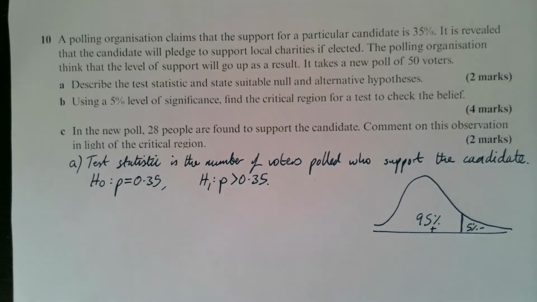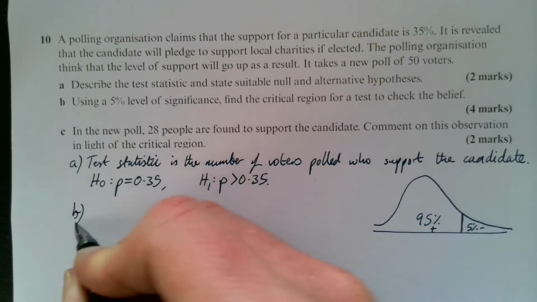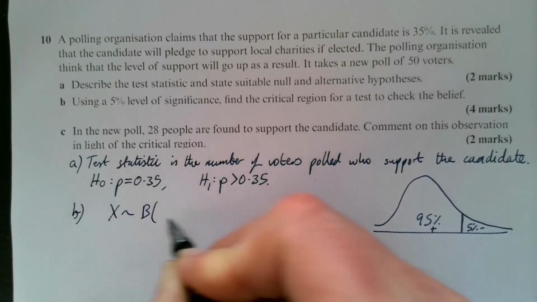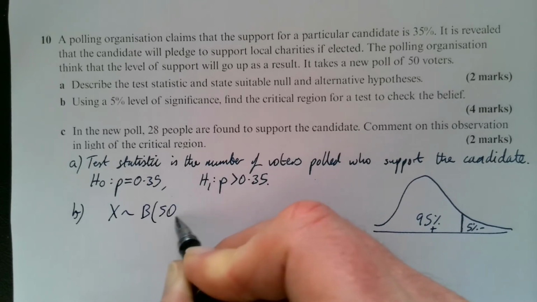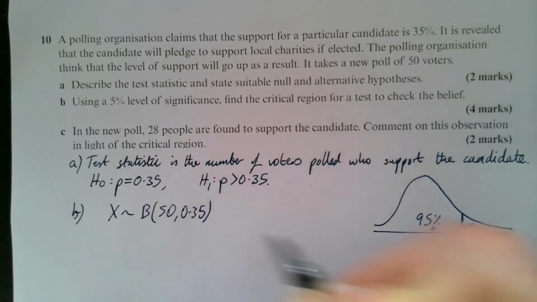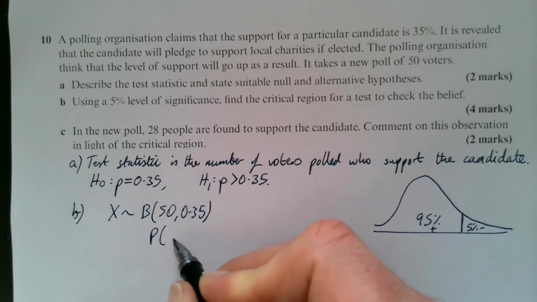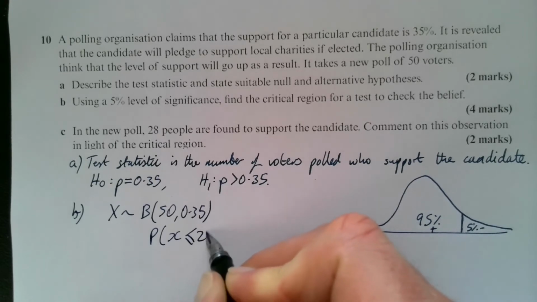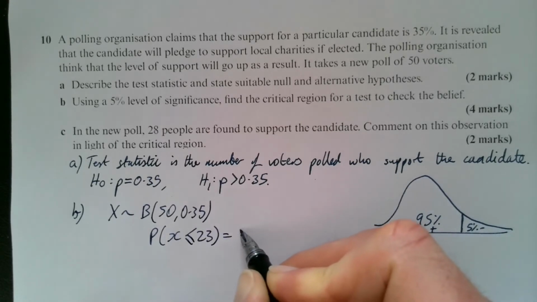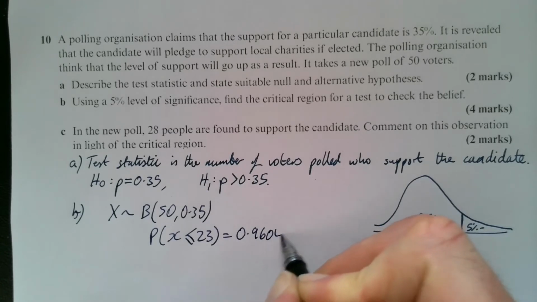So what I'm writing down is, I'm using my binomial of 50 at 0.35, and I'm saying, right, the probability that x is less than or equal to 23 is 0.9604.